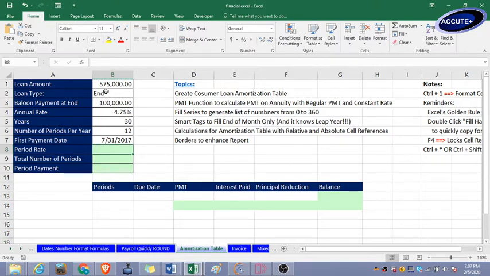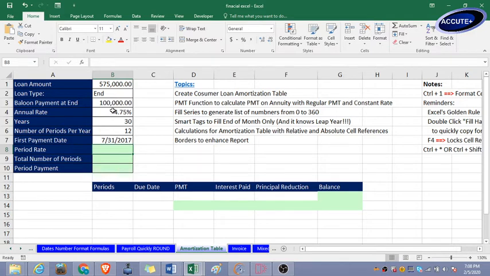Now this loan is being given to a customer or a borrower. Okay, so the borrower is getting this loan amount. At a certain period of time they'll end their payment. The balloon payment is on the last payment which they'll be making, which is about 100,000.